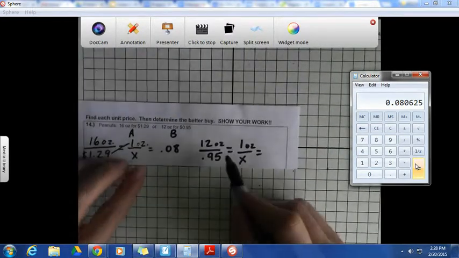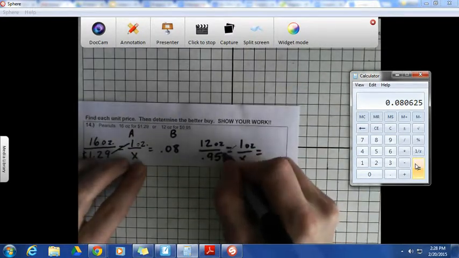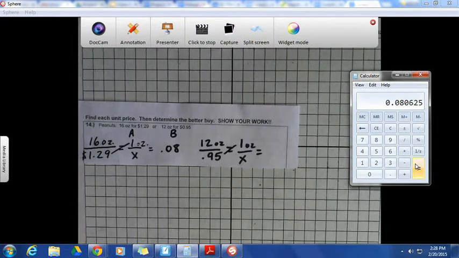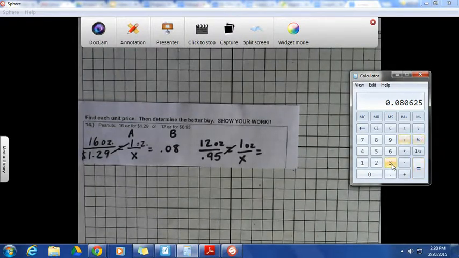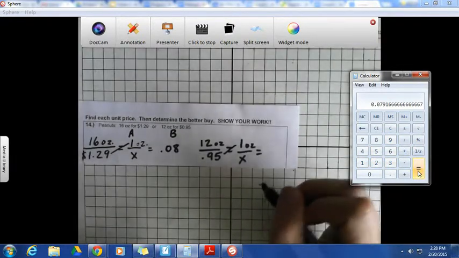Again, we cross multiply. 0.95 times 1 is 0.95. And then we're going to divide by the leftovers. So 0.95 divided by 12 equals 0.79.